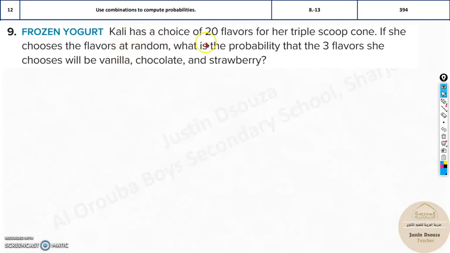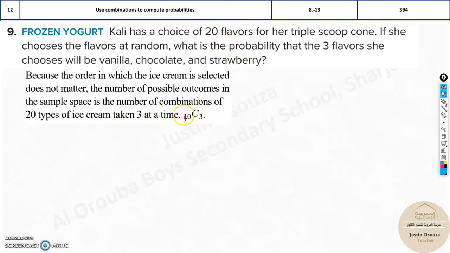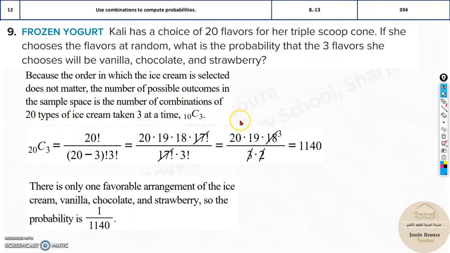Let's look over here. Kali has a choice of 20 flavors for a triple scoop cone. If she chooses the flavors at random, what is the probability that the 3 flavors she chooses will be vanilla, chocolate, and strawberry? Over here there are 20 flavors. Wait, let me just read it properly.